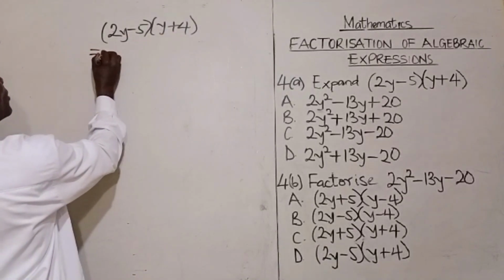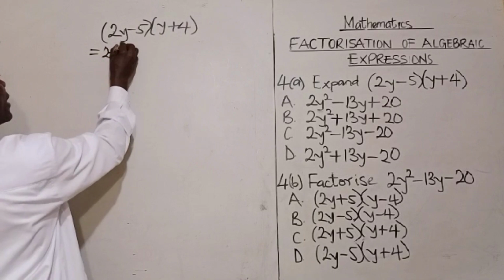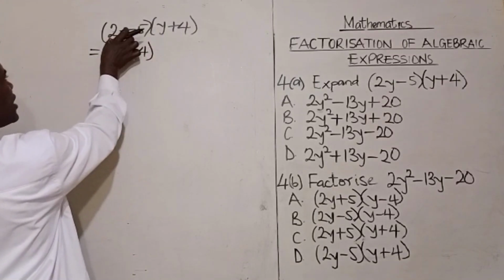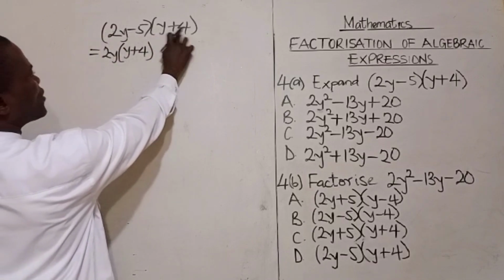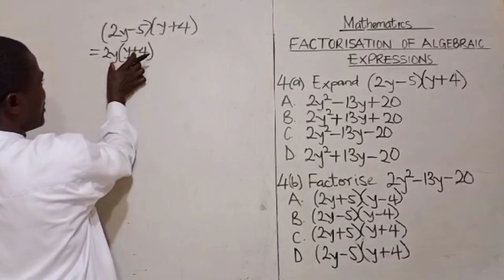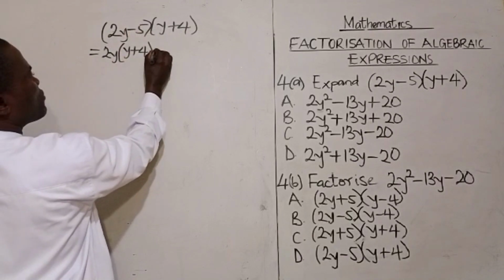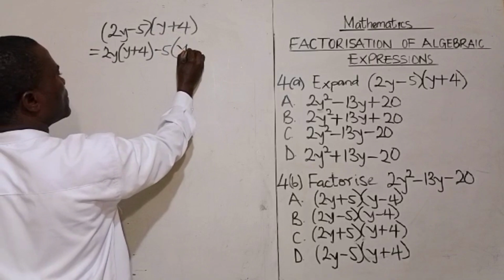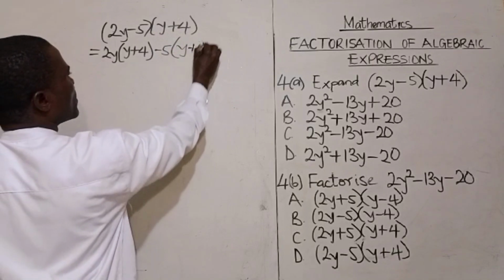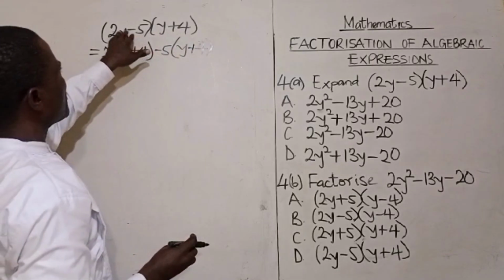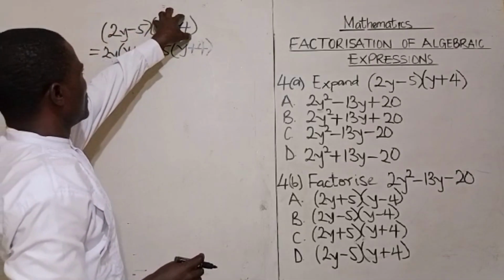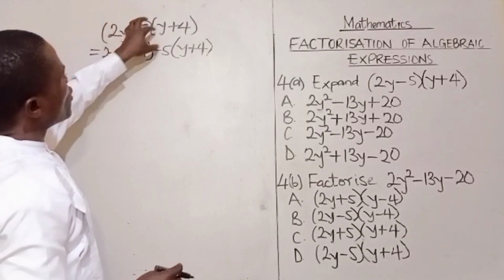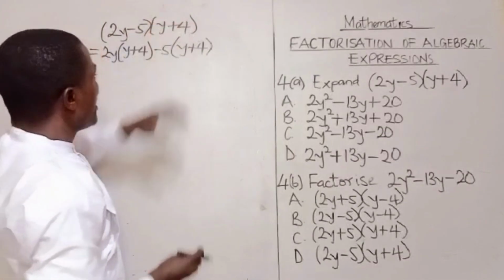What do we do? Here is going to be 2y into y plus 4. That is to say, this first key, we are going to use it to interact with the first room, that same room. Then we take the second key, which is minus 5, to interact with that same room. The attempt is that we want to use this first key to open the door to this room. And we're using the second key also to open the door into that same room.